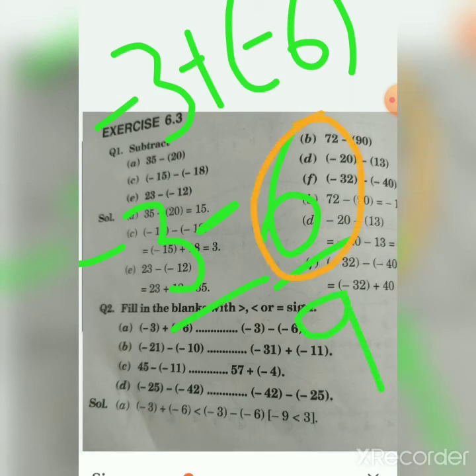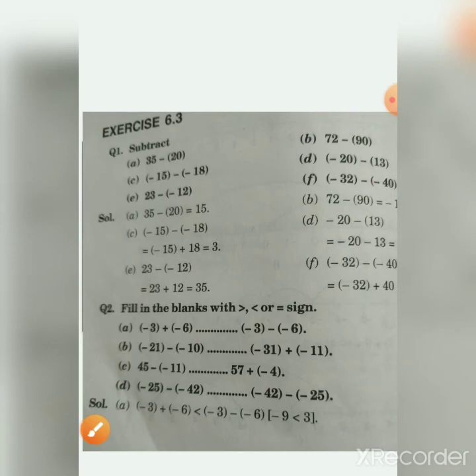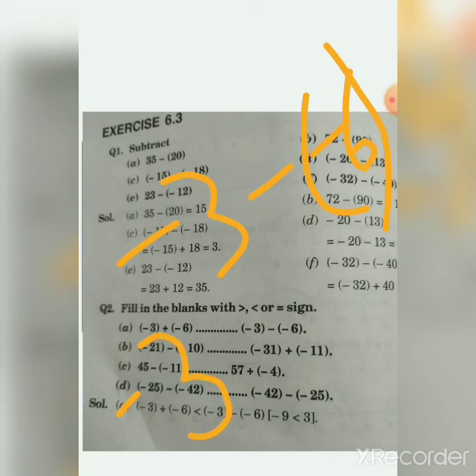Which is the greatest number here? It is 6. And what is the sign in front of 6? That is minus. So we have minus 9 on the left side. On the right hand side, what we have? -3 minus -6. So -3 minus minus 6, and minus minus is plus, so 3 from 6 gone, it will remain 3 only directly.